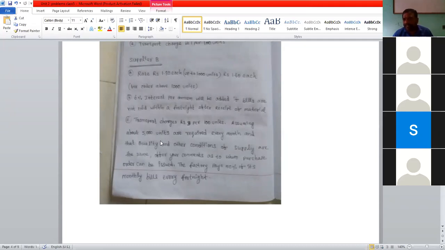So we need to calculate the total cost for 5,000 units. We need to calculate for 5,000 units, and what is asked here, required for every month, and the quality and other conditions. So whenever they are purchasing the raw materials, they are seeing the quality and the terms and conditions.